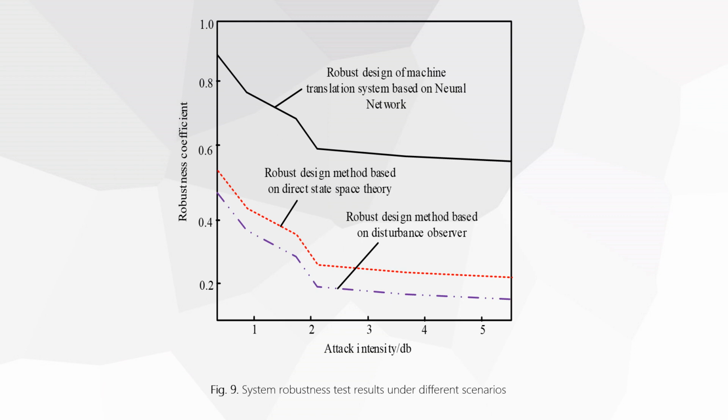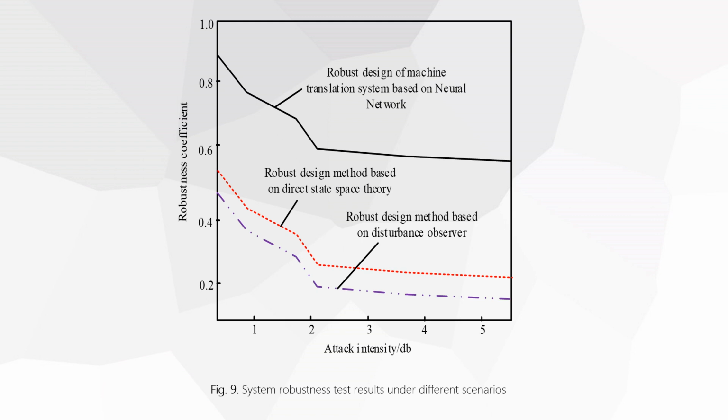This experiment tests the robustness of different systems from 2 aspects: the running scenarios and operating conditions of the machine translation system. Machine translation tasks are run under different attack environments, the running data of the system is counted, and the evaluation test results of the system robustness in the different operating scenarios are obtained through the calculation of Formula 15.